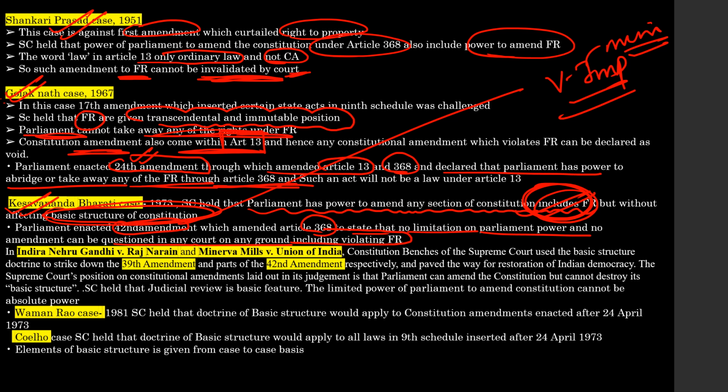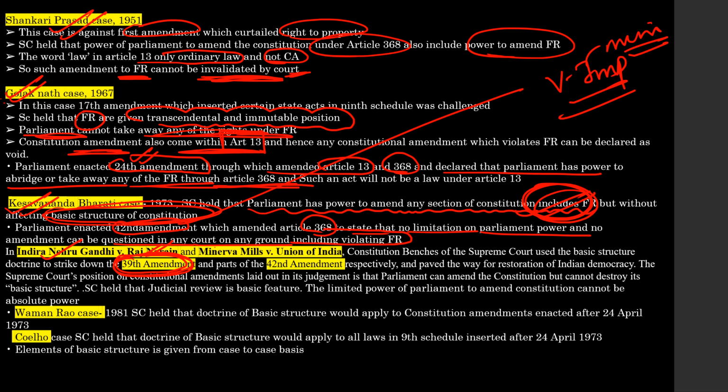Next, after the Keshavananda Bharati case, the very first judgment where the Supreme Court used the basic structure doctrine was the Indira Nehru Gandhi versus Raj Narayan case, where the Supreme Court struck down the 39th Amendment to the Constitution. The 39th Amendment said that the election of the Prime Minister would be beyond the review of the Supreme Court.